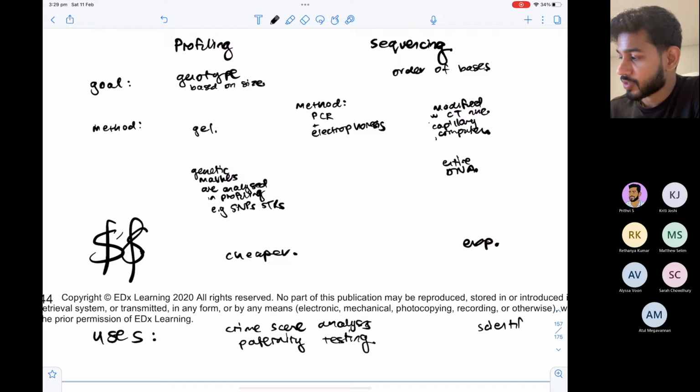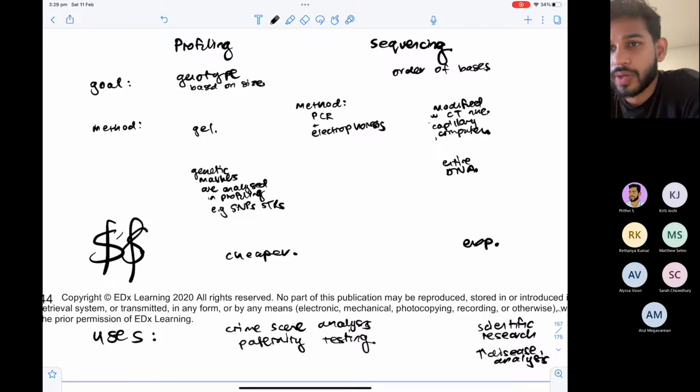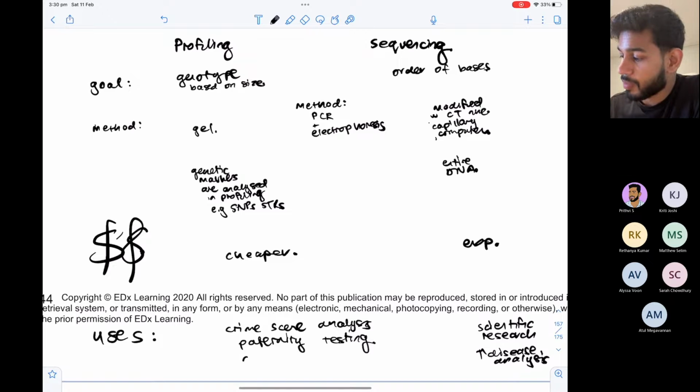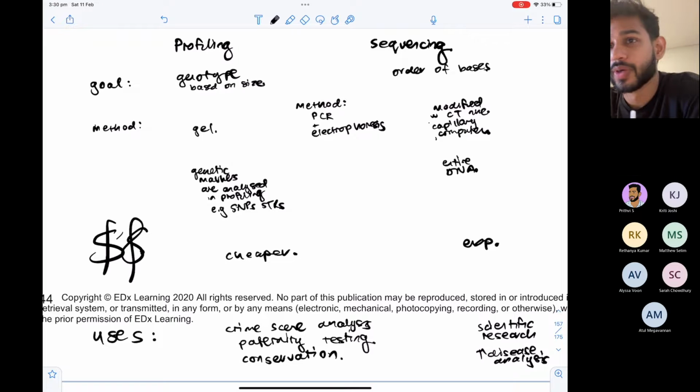Scientific research. And now it's being increasingly used in disease analysis too, because it's getting cheaper. Okay. Good. Some other use cases of profiling, everyone, in population conservation. We use it in species conservation efforts too, and we'll talk about that very shortly.